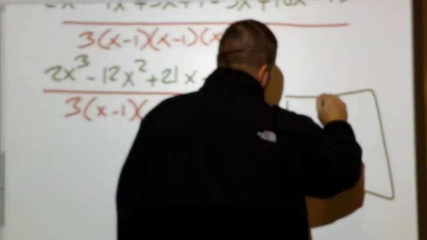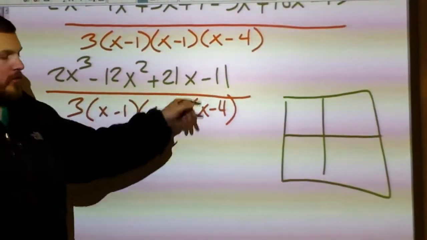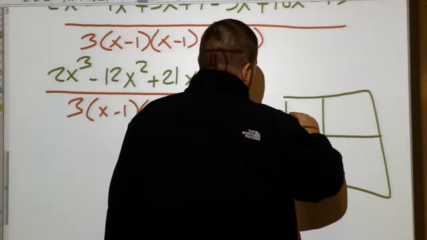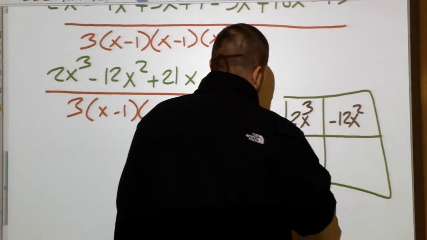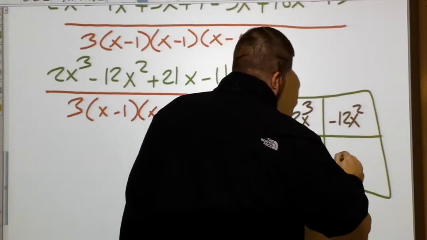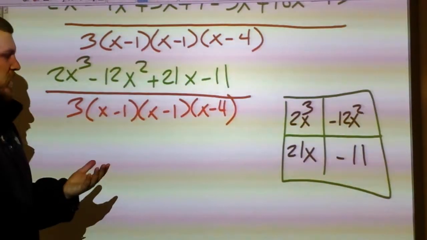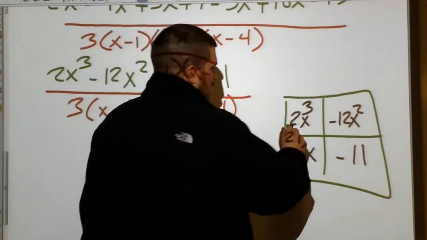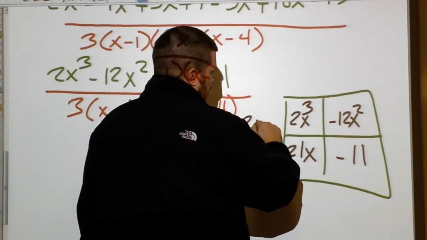Remember, when you factor by grouping, you draw a box with the same number of squares as you have terms, and you punch your pieces on the inside. So 2x cubed minus 12x squared, 21x minus 11. Okay, so again, what I'm looking for is GCF of each row and each column. So in the top row, I have 2x squared.